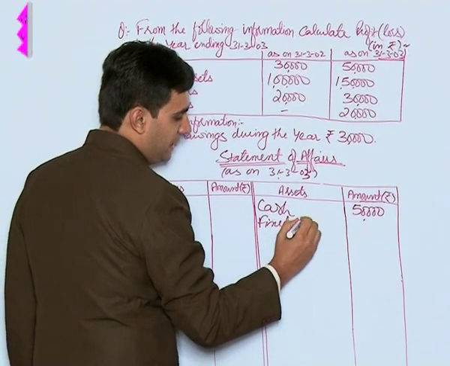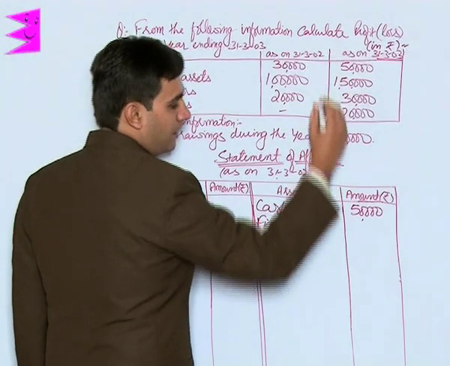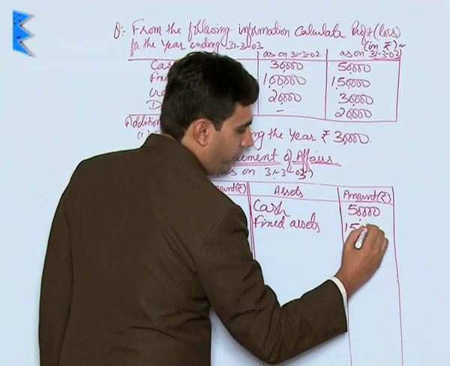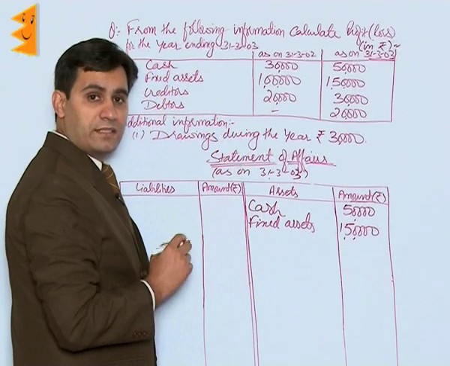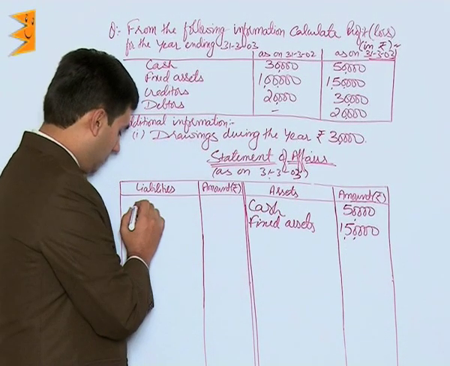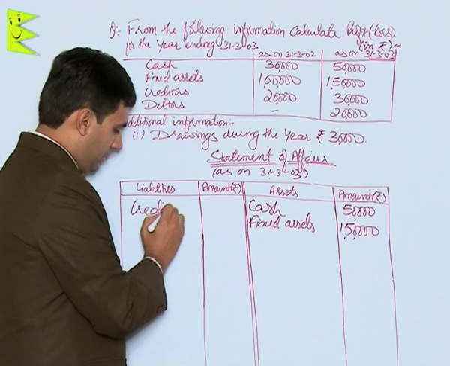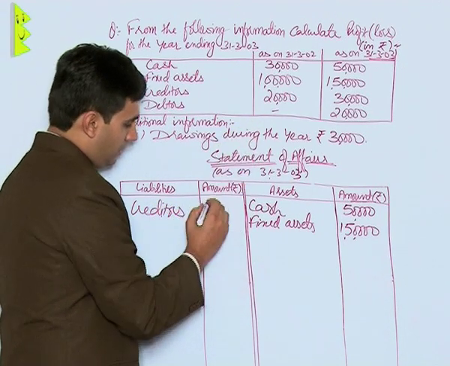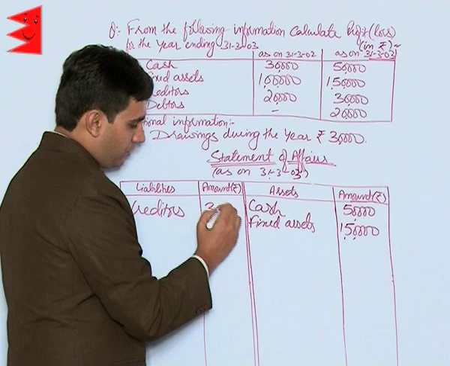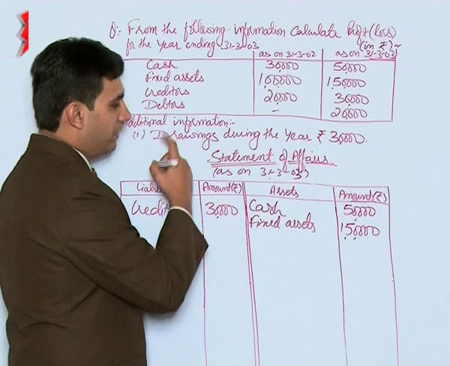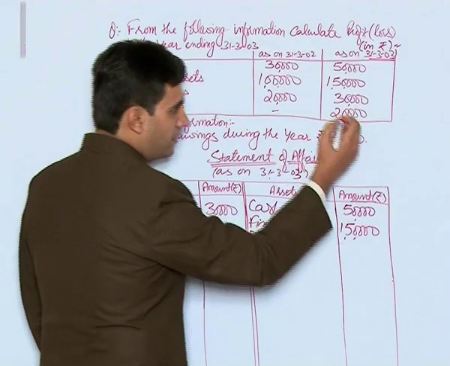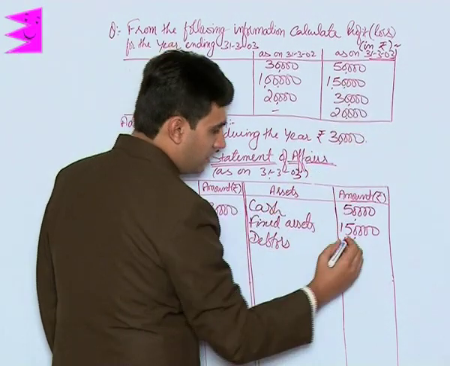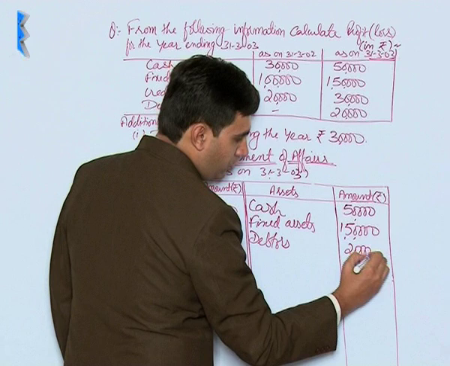Obviously on the asset side, it will be written as 1,50,000. Then we have creditors. Creditors are liabilities. So on the liability side, creditors 30,000. Then we have debtors. Debtors as on 31st March 2003 are 20,000.